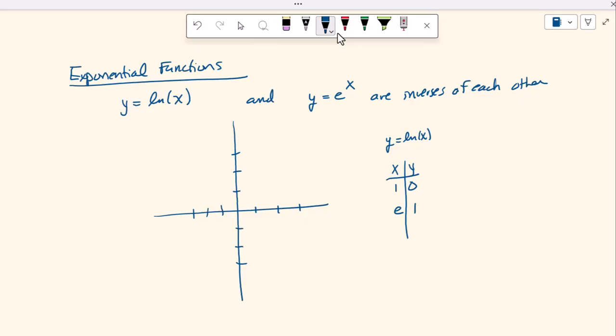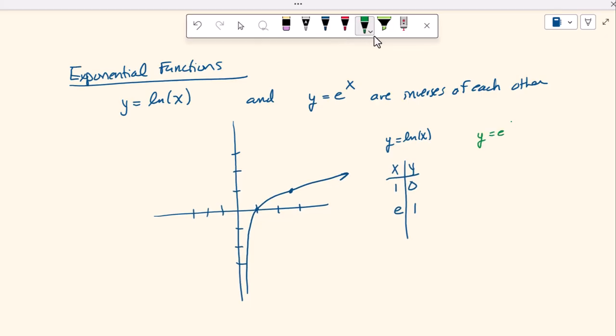So here's the natural log of 1 is 0, and then the natural log of e, and e is about, like I said, 2.718, so about here is 1. So this is the natural log, and we also know that there is a vertical asymptote through there. And so that's your natural log graph.